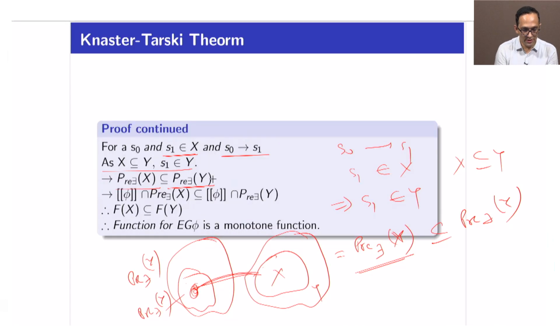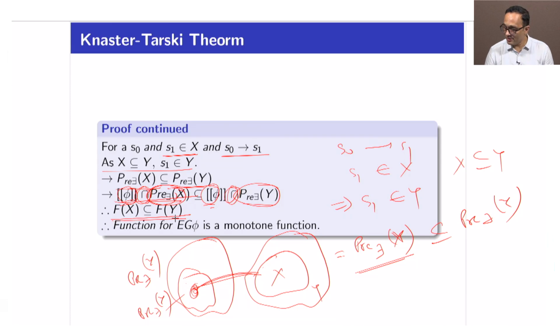This is my f(x). So f(x) will also be a subset of f(y), because I am taking the intersection with the same set phi, and with a set where one is a subset of the other. So f(x) should be a subset of f(y).